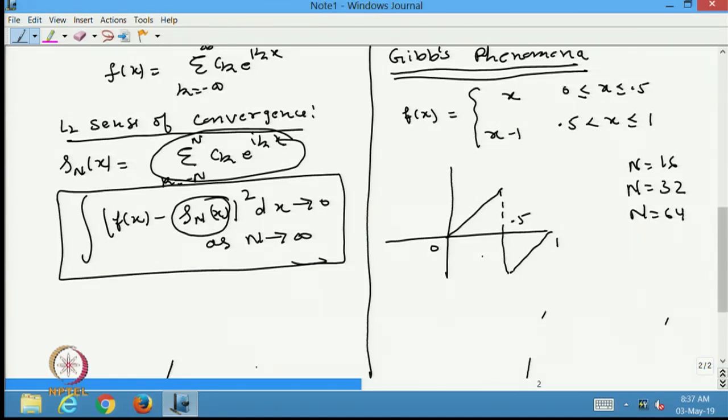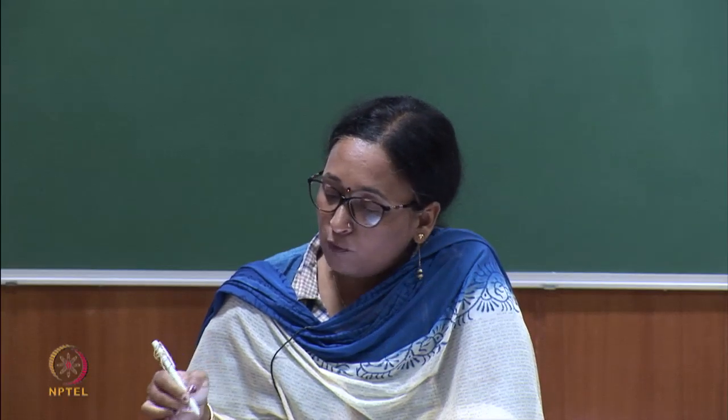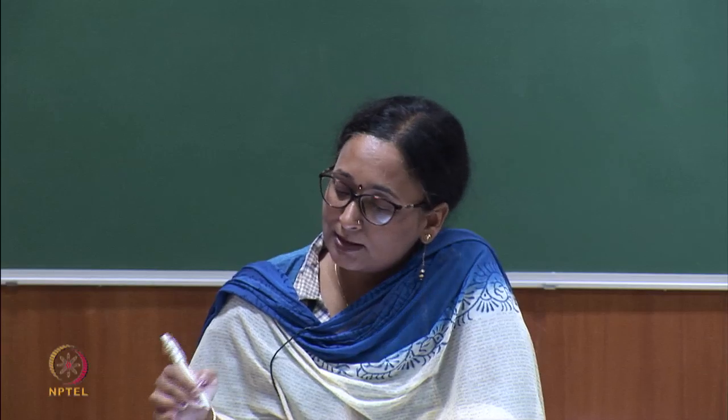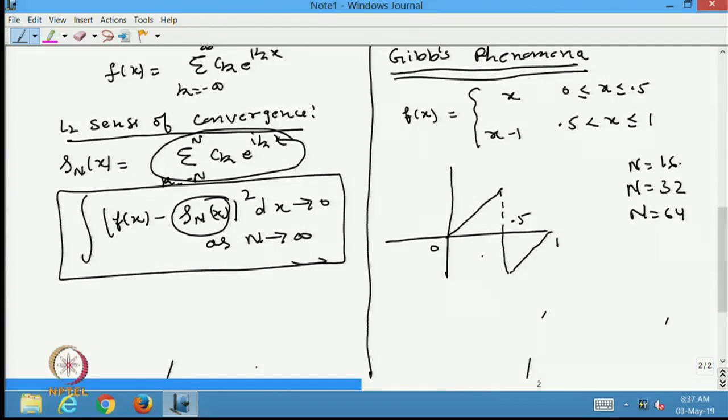Once you compute S n x for n equal to 16, 32, 64, roughly the plot for n equal to 16 will be like this. For n equal to 64, this will be closer.